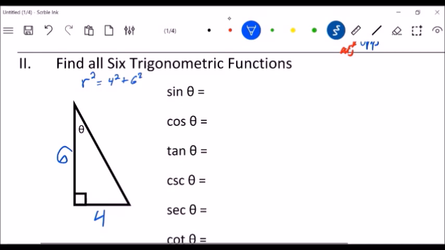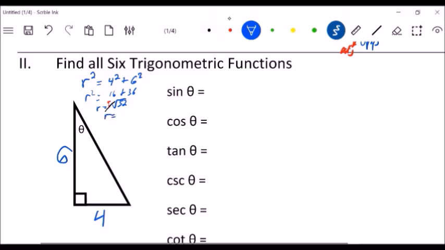So if the a is 4 and the b is 6, we get that the radius squared is equal to 16 plus 36. So we get 52. We need r is equal to the square root of 52. Now this would be plus or minus, except that the minus is thrown out because this is a distance, and the distance can only be positive.